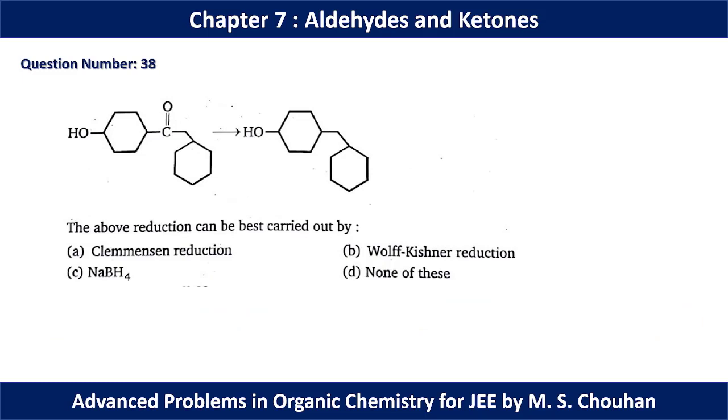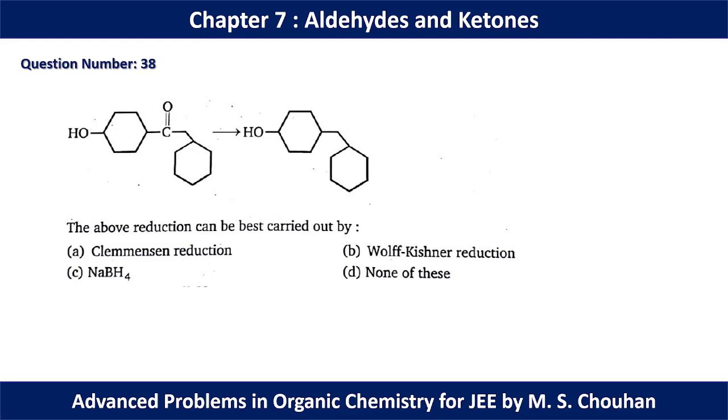In question number 38, Clemmensen reduction, Wolff-Kishner reduction and sodium borohydride, all of these can reduce, but they cannot give a carbon-reduced situation. Okay, so they cannot eliminate one carbon from the system.